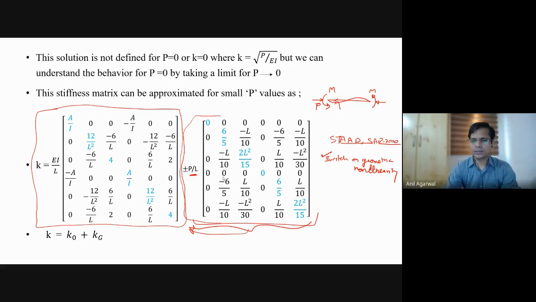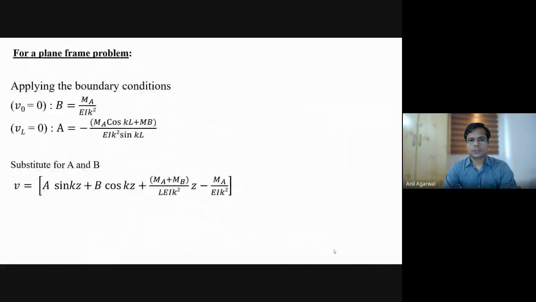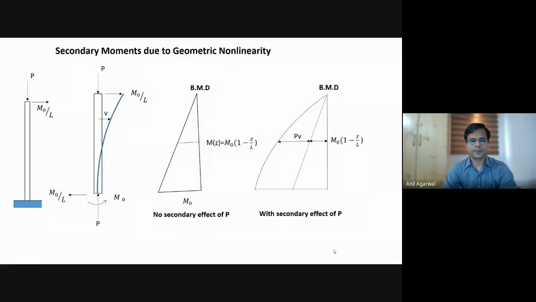In the class today and tomorrow, we will see how this matrix came about. We got this secondary matrix here. This is called the geometric stiffness matrix. All right, so let's do some derivations.